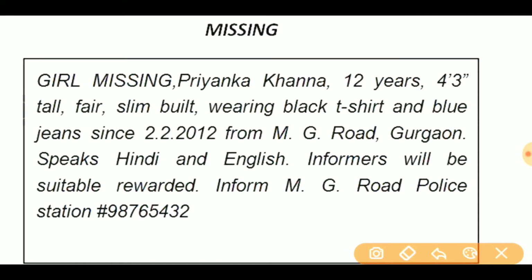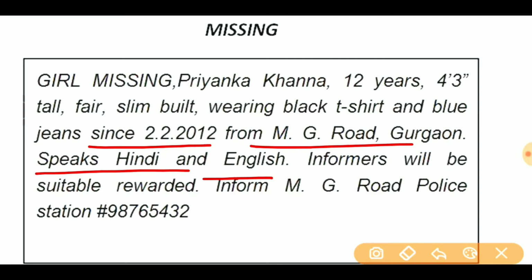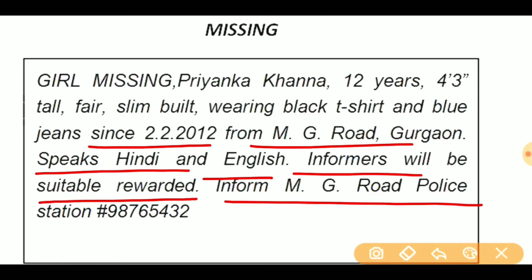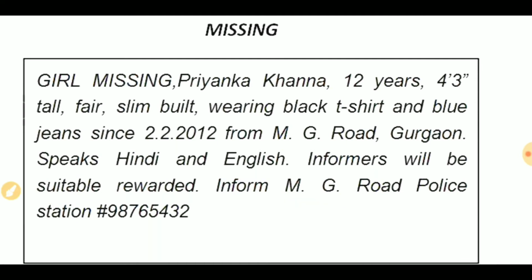Missing since 2nd of February 2012 from MG Road, Gurgaon. She speaks Hindi and English. Informers will be suitably rewarded. Inform MG Road Police Station. Phone number is this one. So this is a sample advertisement for a missing person.